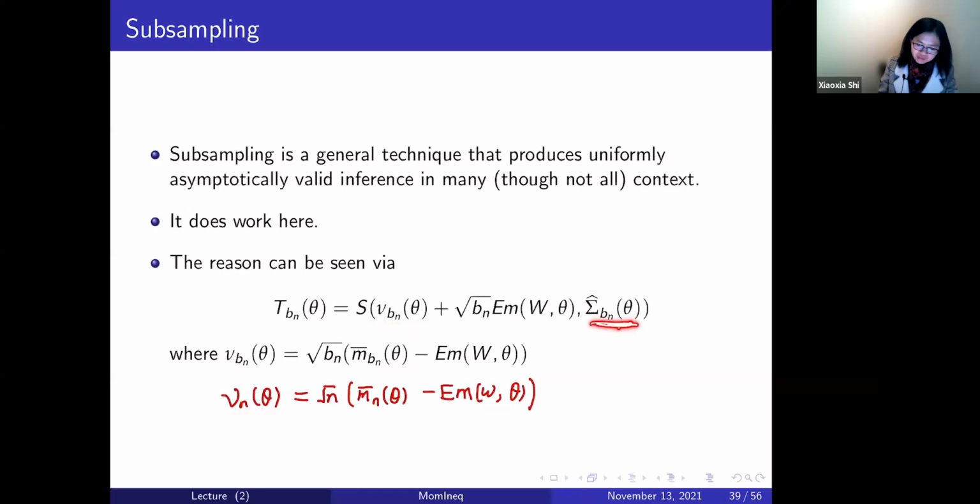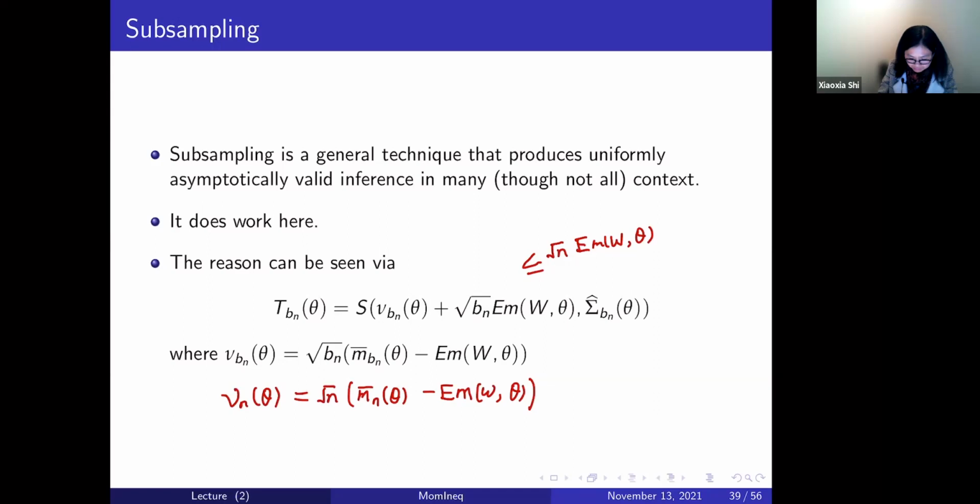And this sigma n hat part is also a consistent estimator for the variance covariance matrix. And this term is not the same as the slackness parameter, root n times EMJ theta. It's not the same, but it's in the right direction. It is less than or equal to root n EMJ theta, simply because root Bn is smaller than root n, right?